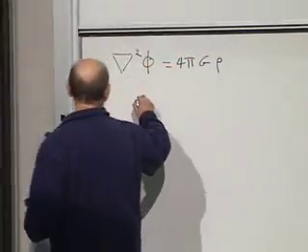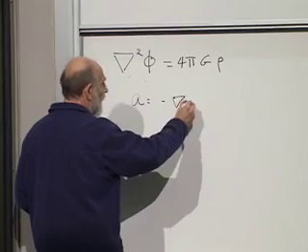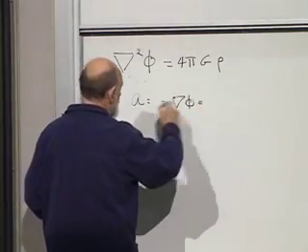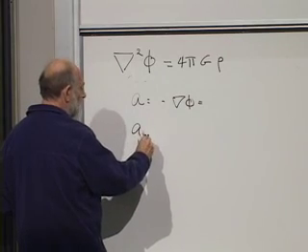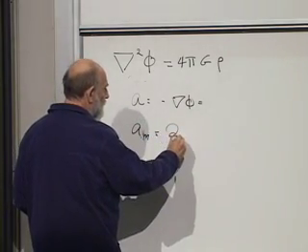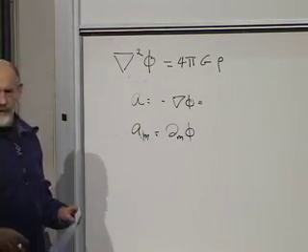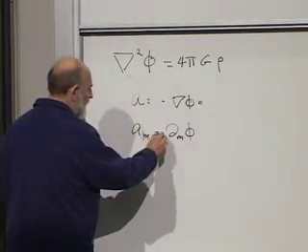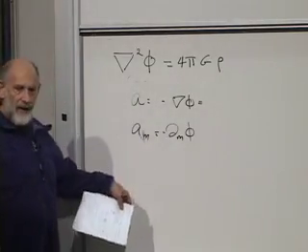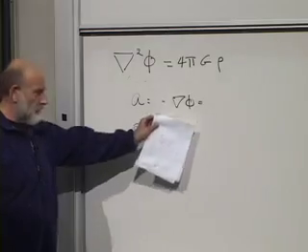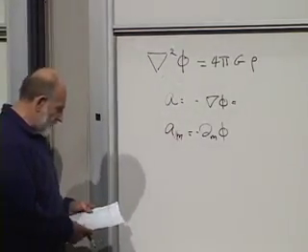Acceleration is equal to minus the gradient of phi, or the ith component of the acceleration is equal to minus the derivative with respect to i of phi. Is it minus or plus? Minus, I think. That's F equals ma, except dividing by m. Okay, so we have that.